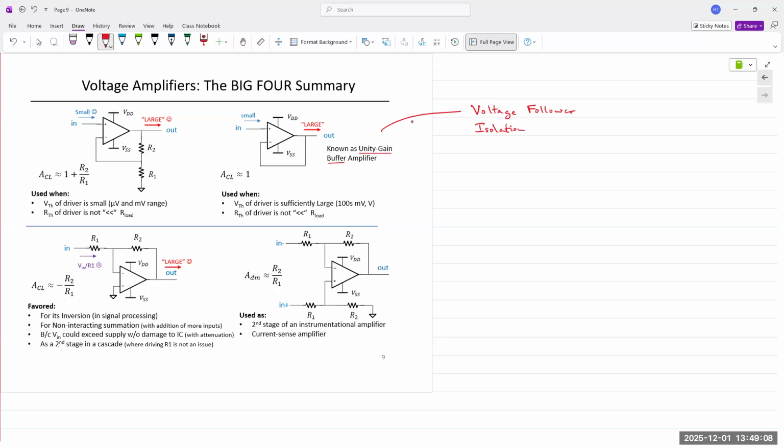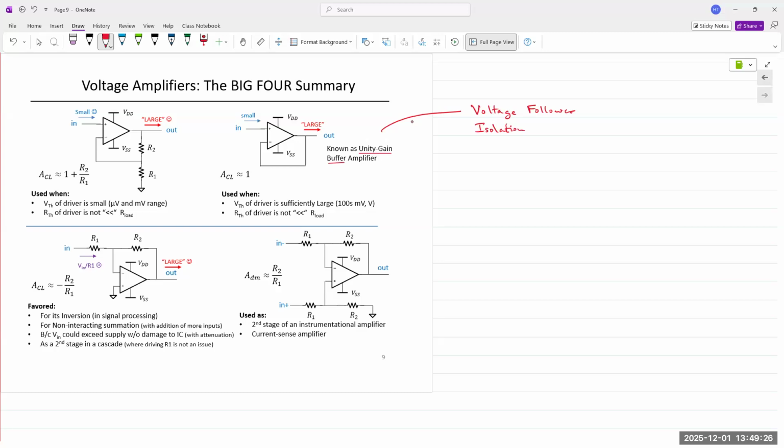What it does is we are taking the output and feeding it directly back into the input terminal. Because it's negative feedback, the op-amp will try to ensure that both terminals remain at the same level.